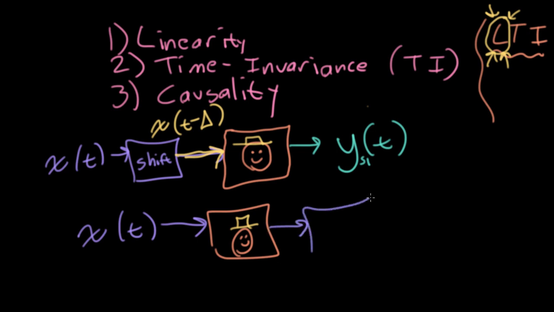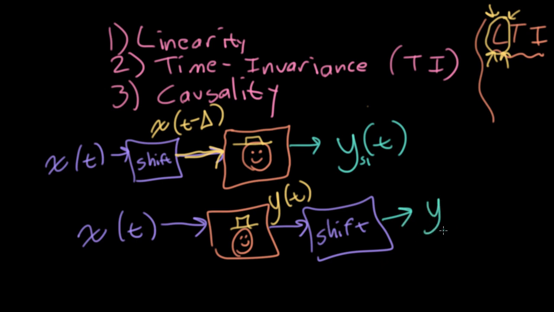Down here, run it through the system first, and then shift it second. What's coming out of the system, let's just call that y of t. Then we'll call the result of shifting it next y, let's call it S2 for shifting second. And this is going to be whatever came out of the system minus that delta.